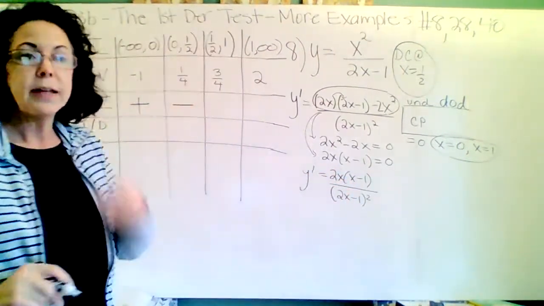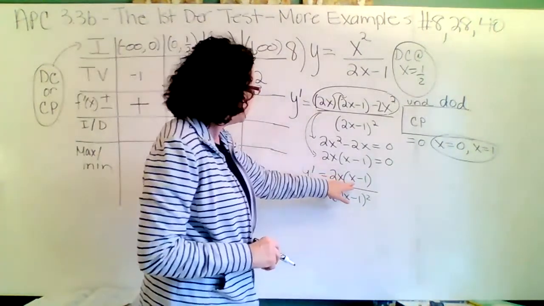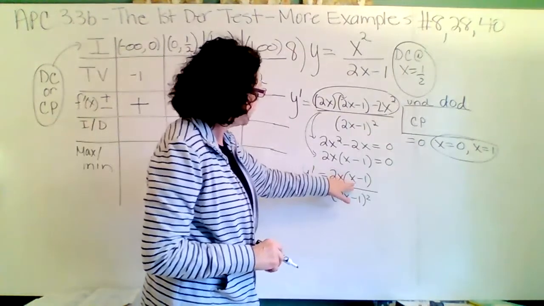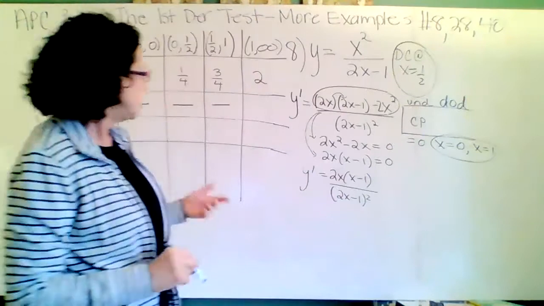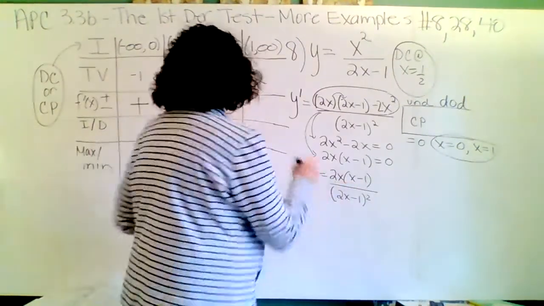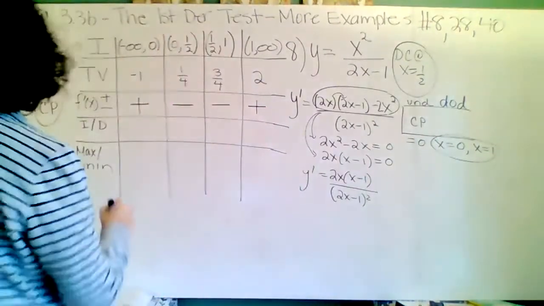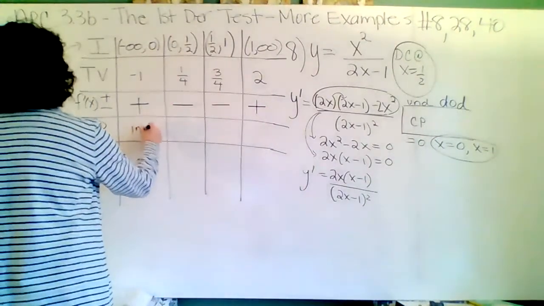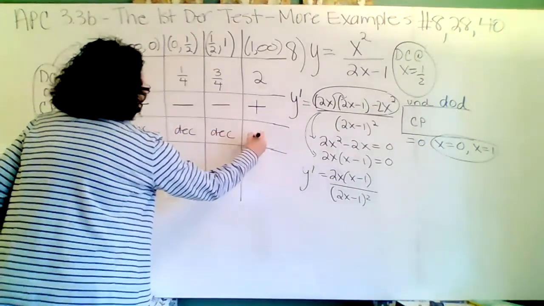No need to overthink this with the fractions. Let's put in 3/4. When I put in 3/4, again, positive, negative, and I get a negative. When I put a 2 in, I get a positive and a positive, which is a positive. Okay, it's easy for us to say then increasing, decreasing, decreasing, and increasing.